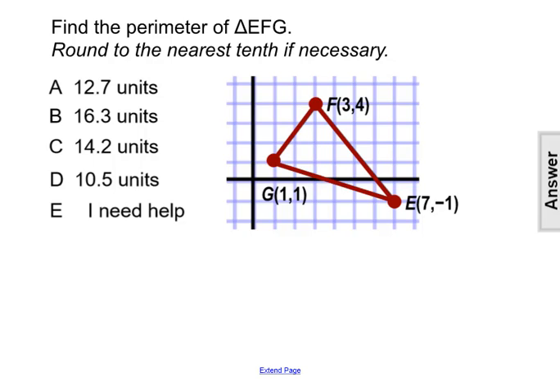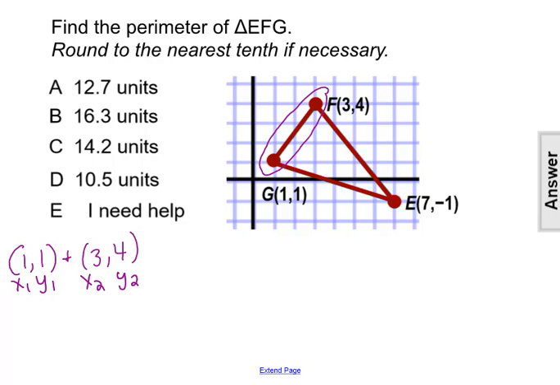So let's first find the distance between points G and F to give us the side length of segment GF. So G is the point (1, 1), and F is the point (3, 4). So we're finding the distance between those 2 points. So x1 is 1, y1 is 1, and x2 is 3, and y2 is 4.